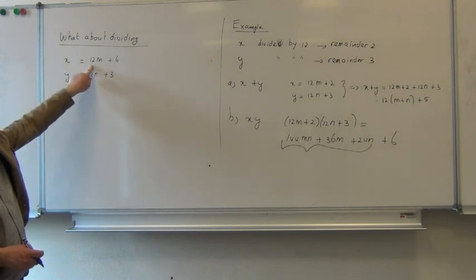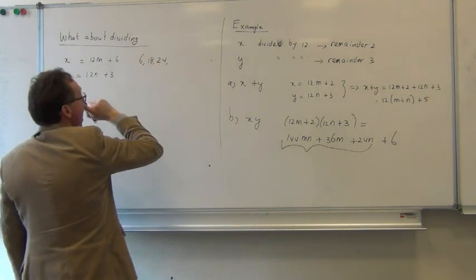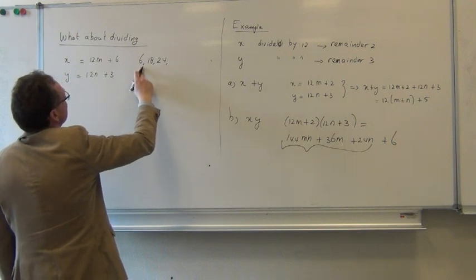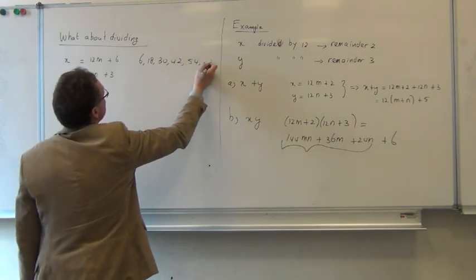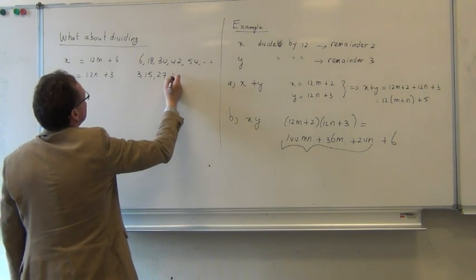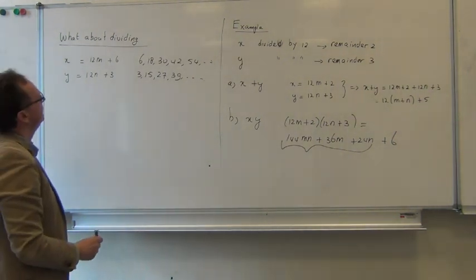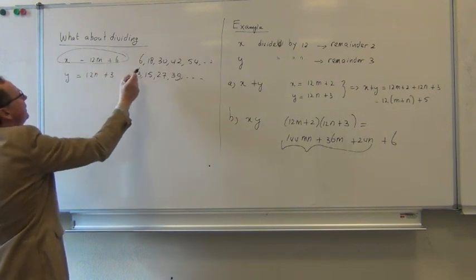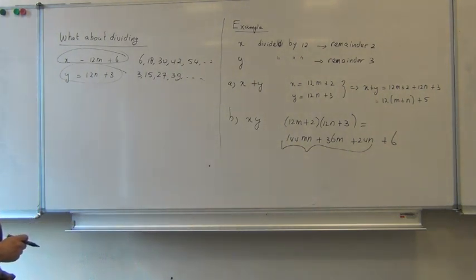If x will give remainder 6 when divided by 12, then x can be 6, but also 18, 30, sorry, 42, 54, etc. And here we have 3, 15, 27, 39, etc. And so we're asking if you take a number from this category divided by a number from that category, will you always get remainder 2? Well, it's very clear.